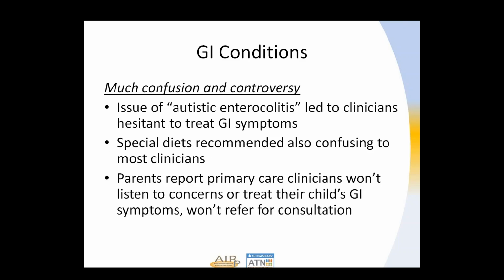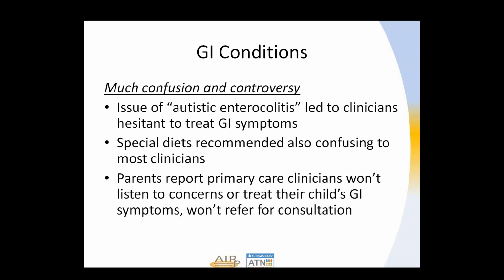There's also been some confusion and controversy over the last 15 years or so. Some original reports that came out of England described a so-called autistic enterocolitis, that there was perhaps a unique type of GI problem occurring in people with autism.